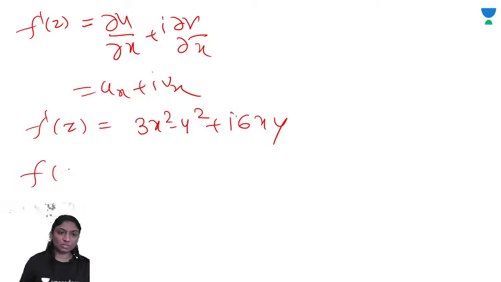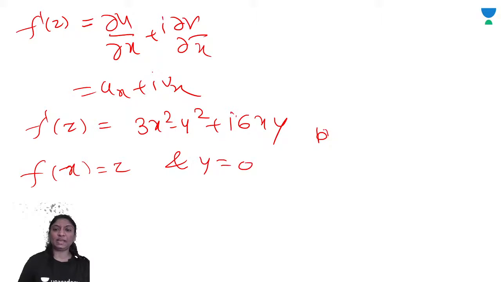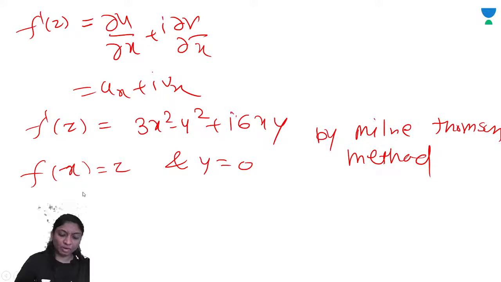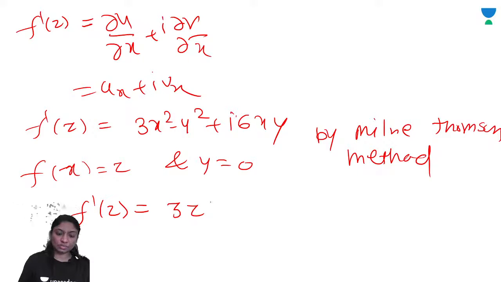By the Milne-Thomson method, put x equal to z and y equal to 0. So you will get it in terms of z only. f dash of z is equal to 3z square, with y equal to 0.